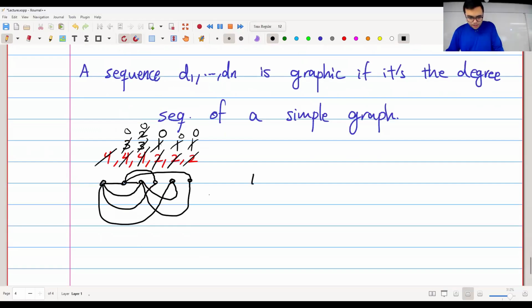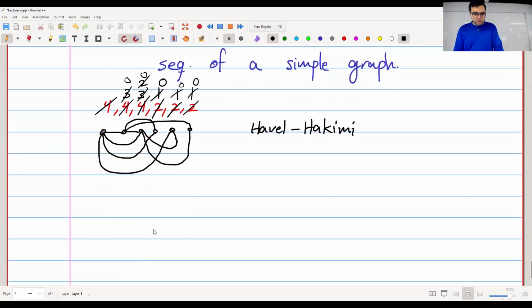And by the way, this is called the Havel-Hakimi algorithm. So this is our theorem. Basically, my theorem is that a sequence is a graphic sequence if and only if the Havel-Hakimi algorithm succeeds in creating a graph, right? But if I want to write it a bit more mathematically, I say it like this.